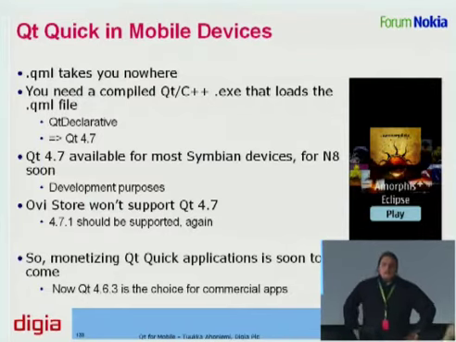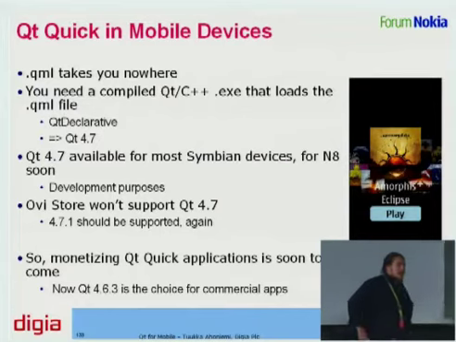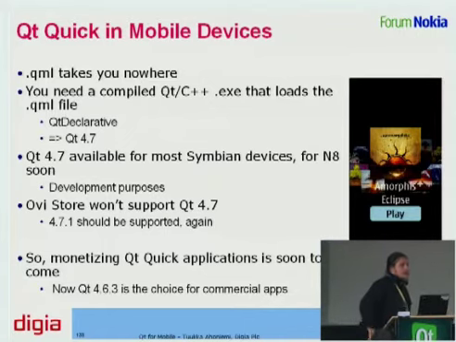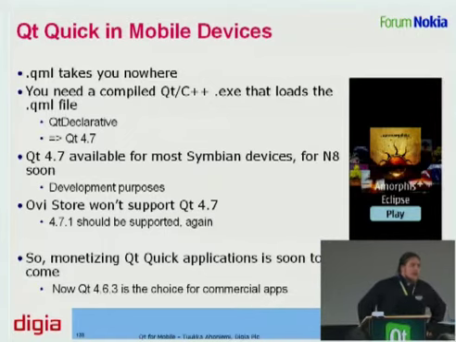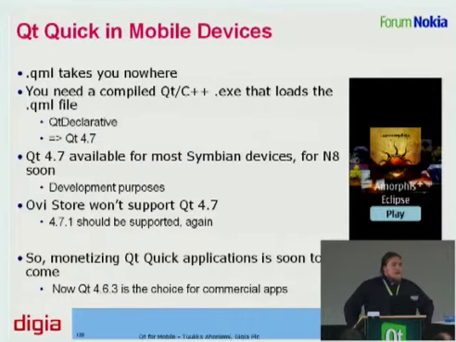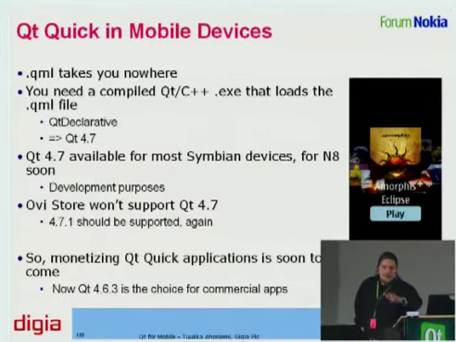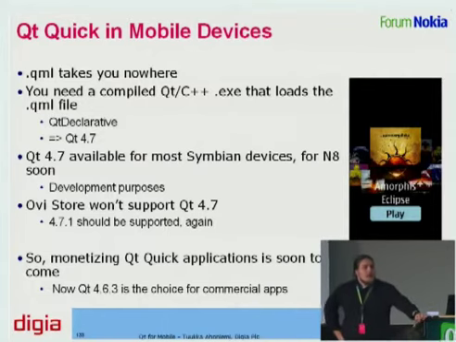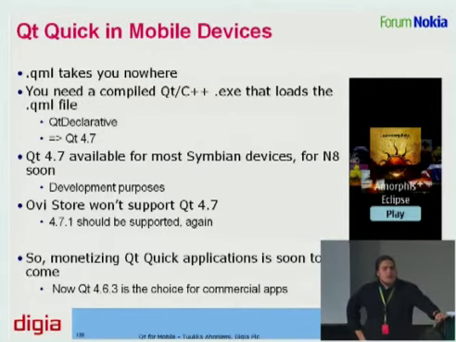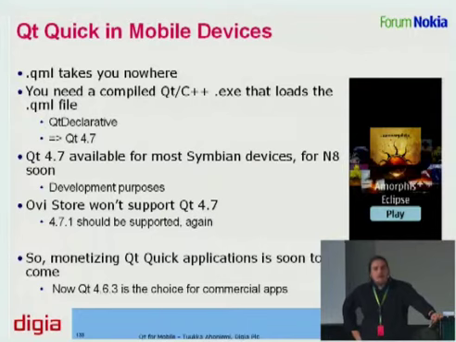Secondly, they told me that they're not going to support Qt 4.7 in the older devices, like non-touch old Symbian devices. If your application is not using Qt Quick and you want to reach those old devices as well, if you would compile using 4.7, it would rule out those old devices for you.